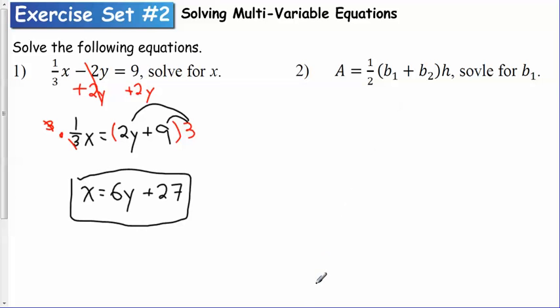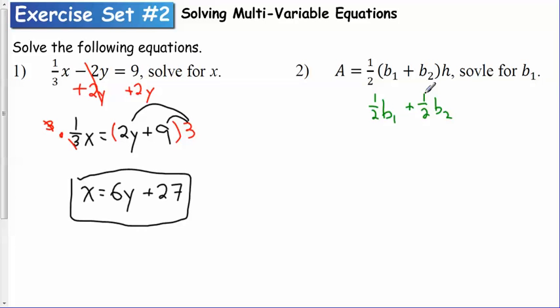Now the reason why I know this, and I'm not going to distribute the 1/2 in, because if I do that, look at what happens. If I distribute the 1/2 in, I'm going to get 1/2 b1 plus 1/2 b2. I'm now having more fractions than I originally started with. So I'm making the problem look more complicated. And when you do that, stop.